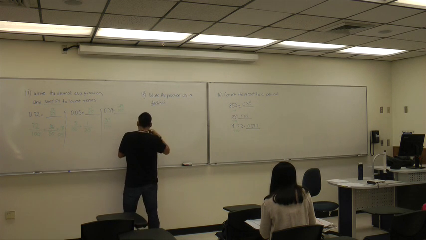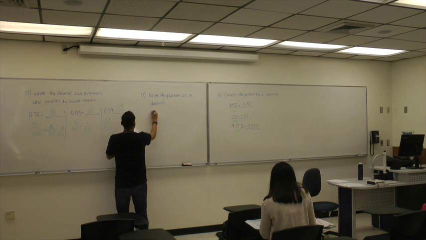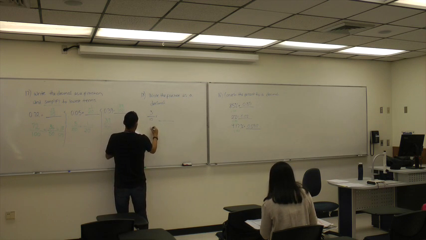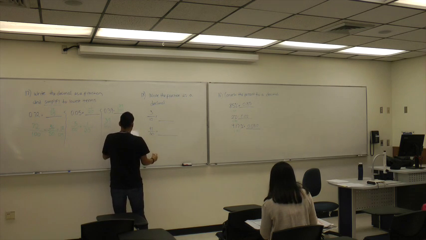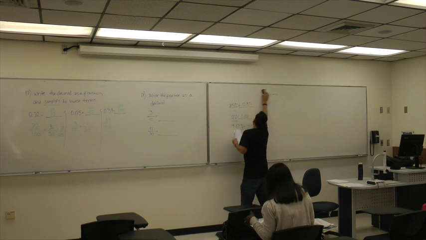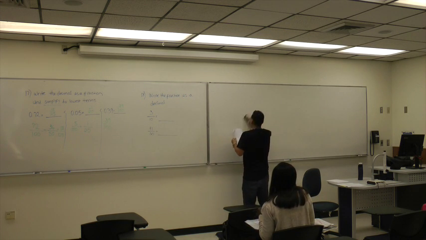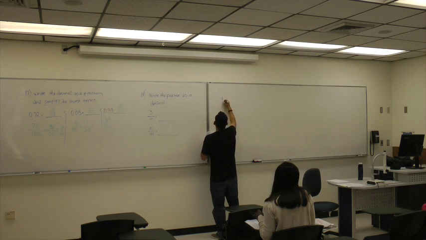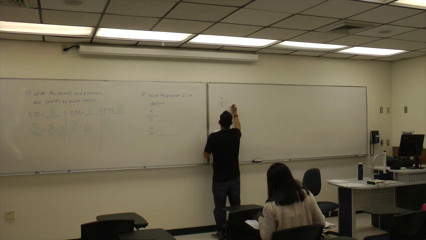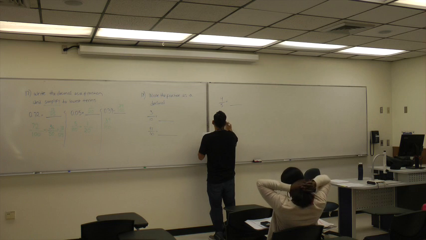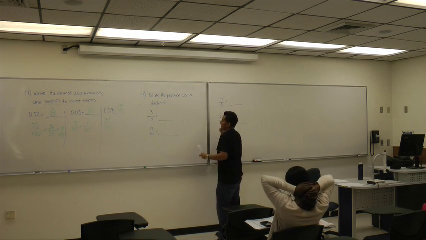Alright, so we're supposed to write the fraction as a decimal. We have 3/10. We have 41/50. We just divide, right?